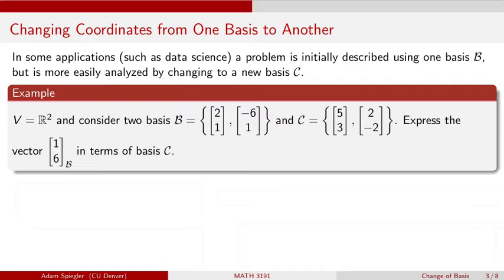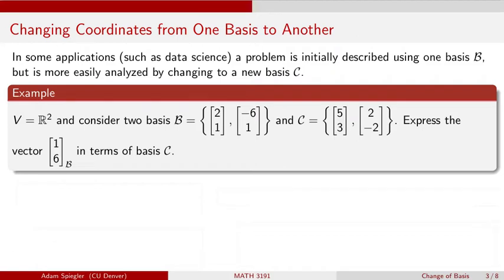And the example that we're going to work with to illustrate how this works is R2 again, with the same basis B that we've worked with earlier, which consists of the vector 2, 1 and the vector minus 6, 1. And then we have another basis for R2 that we'll call C that consists of the vector 5, 3 and a second vector 2, minus 2.